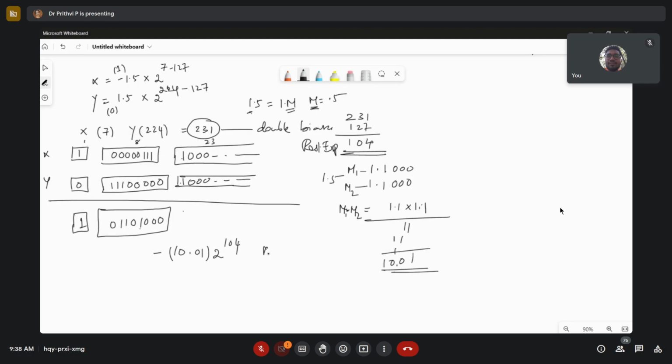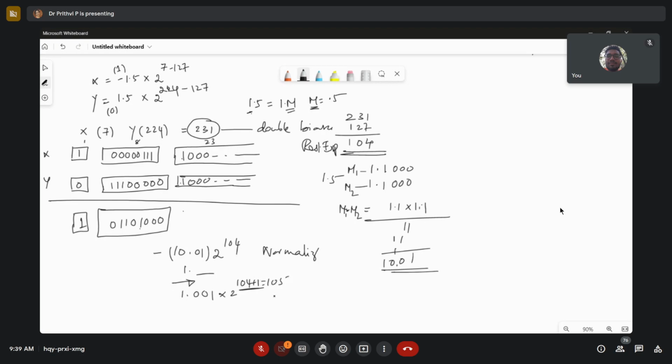But this is not normalized. We need to have the 1 point format. So what we have to do is a right shift. 1 bit right shift if you do, 1.001. Okay. And doing so, the exponent is to be increased. If you are taking that 1 bit towards right shift, you are supposed to add 1. So it should be 105.